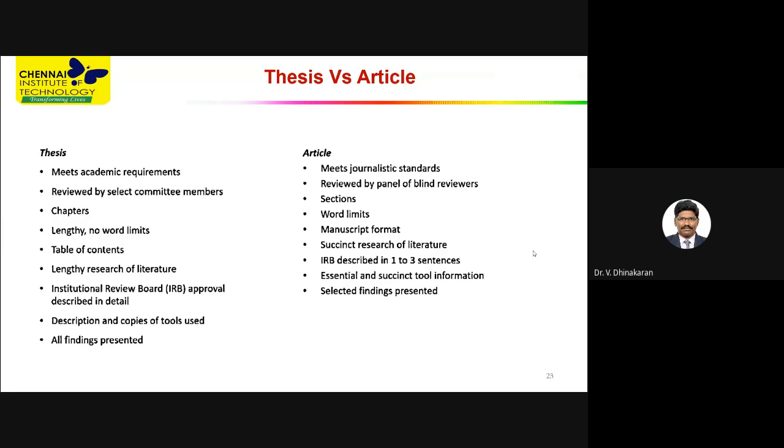A thesis will be reviewed by the doctoral committee members and expert members, but an article will be reviewed by the reviewers. So these are the differences between a thesis and an article.